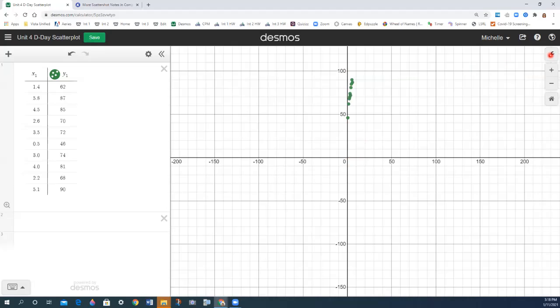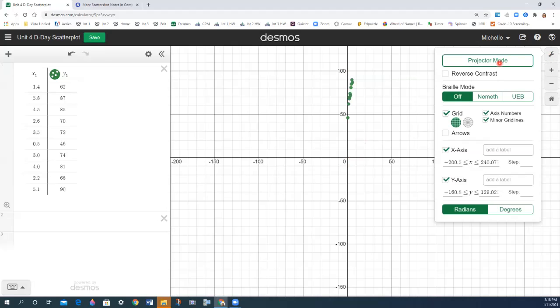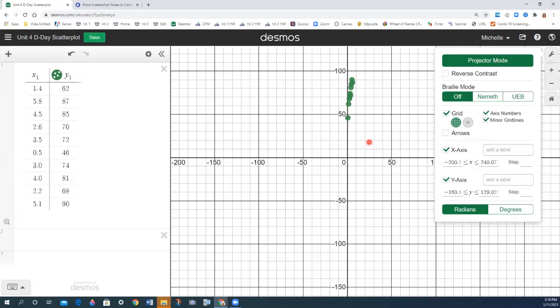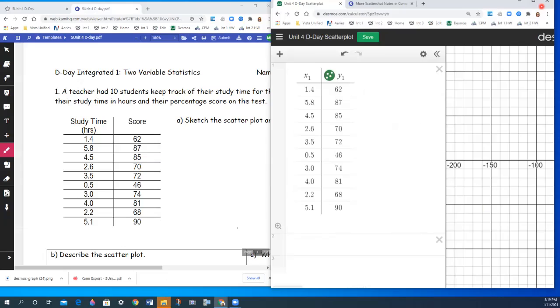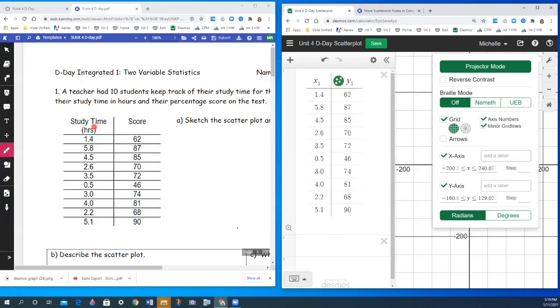So I'm going to come to my wrench, okay, and I'm going to actually hit projector mode just to make it a little darker for us on the video. I'm going to come to x-axis. First thing I'm going to do is put my title. So this was study time in hours and then score.